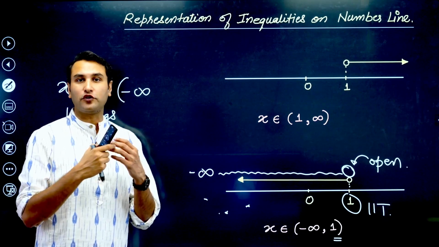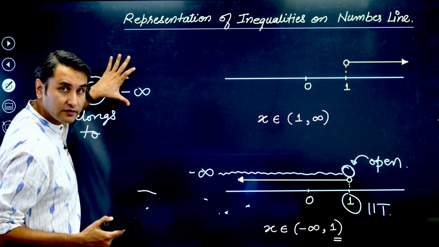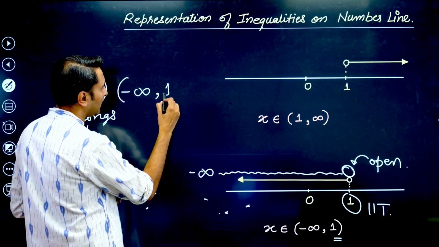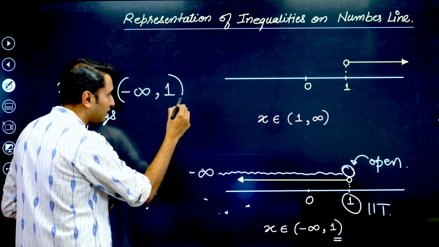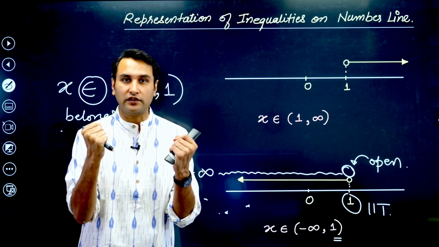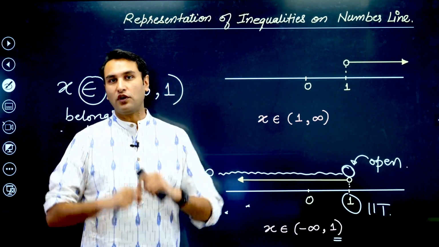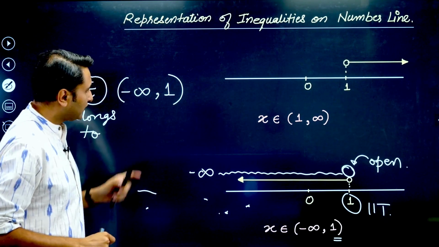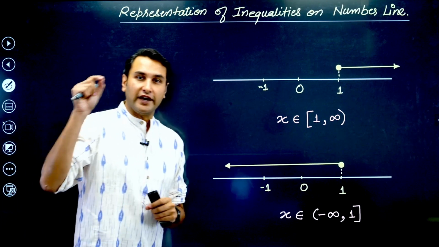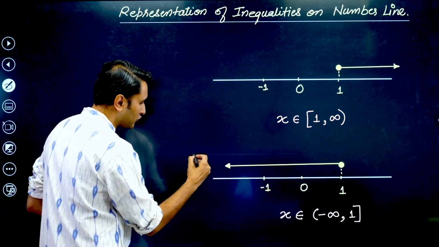There is no way for you to describe it. So the bracket we put here is an open bracket, right? I'll tell more about it as we go ahead. And we are reaching till IIT, but we are not entering IIT. When you don't hold on to something, or when you don't enter that area, we always use the open brackets. Alright, but now let's take the story where you have actually entered IIT.